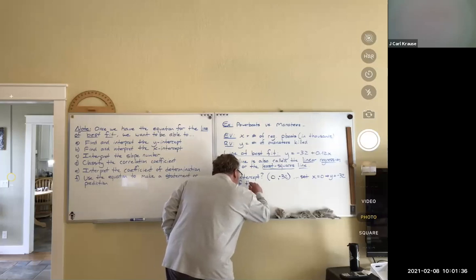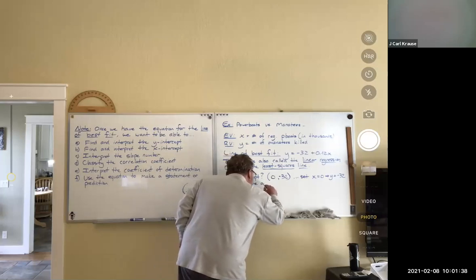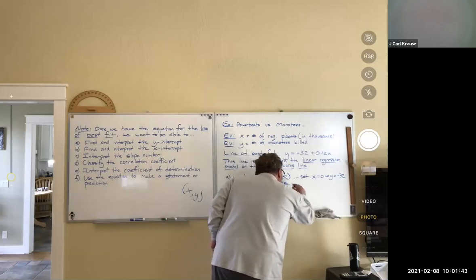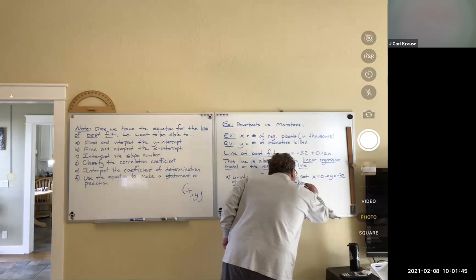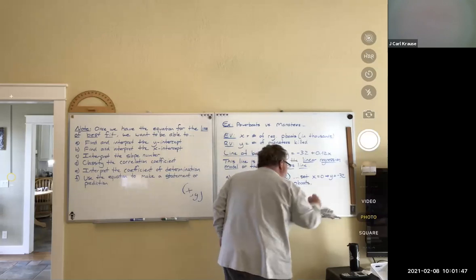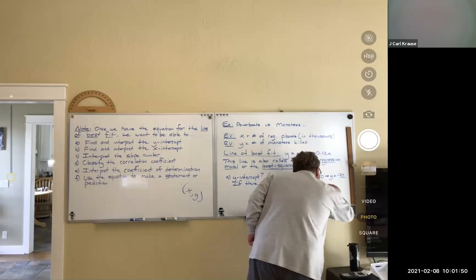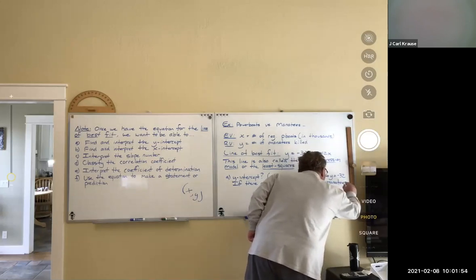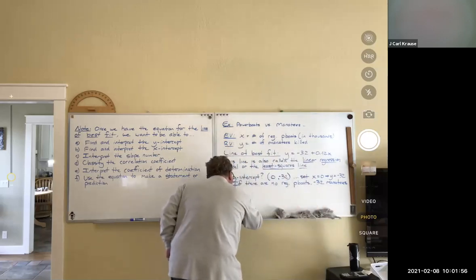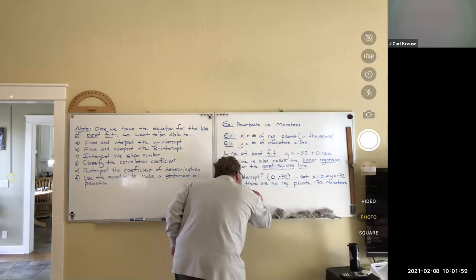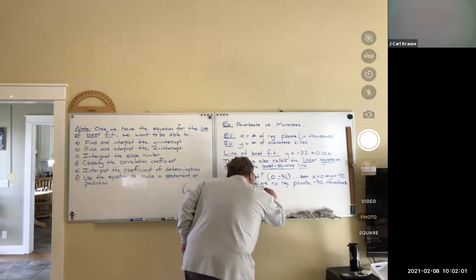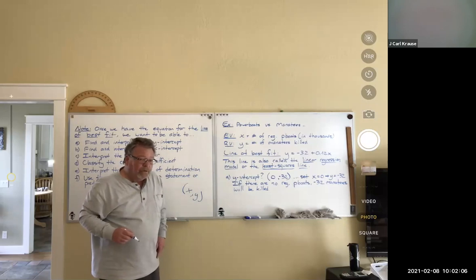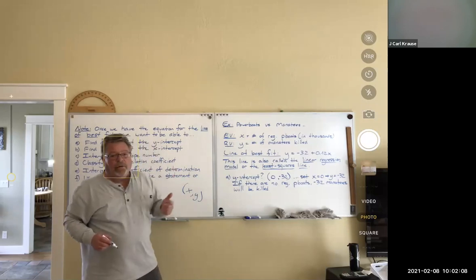So if there are no registered powerboats, -32 manatees will be killed. That's what that ordered pair represents. So that's the interpretation of that ordered pair.